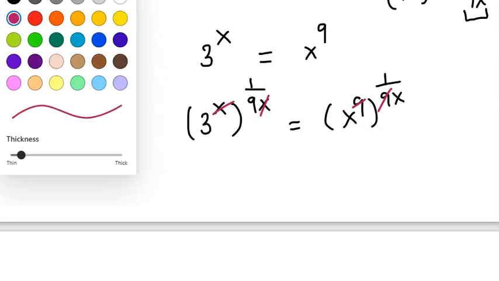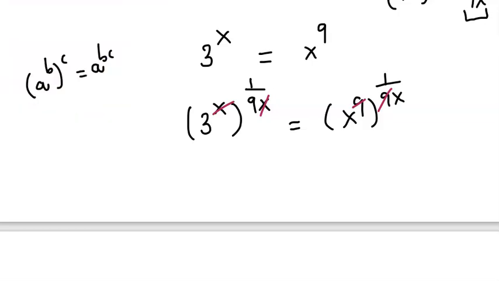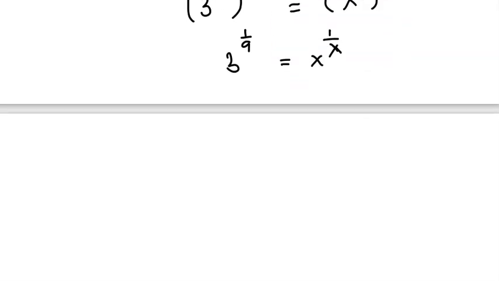Therefore we now have 3 raised to the power of 1 over 9 is equal to x raised to the power of 1 over x. Okay, so now from the right hand side we have x raised to the power of 1 over x is equal to, from the left hand side we have 3 to the power of 1 over 9.